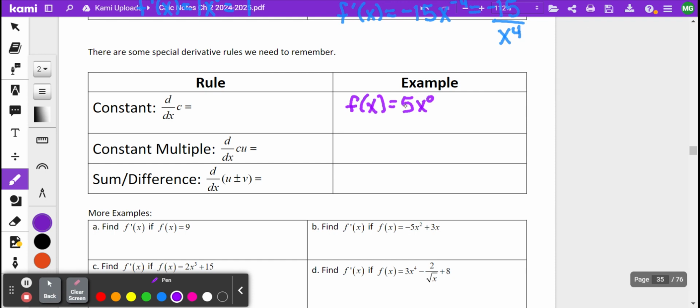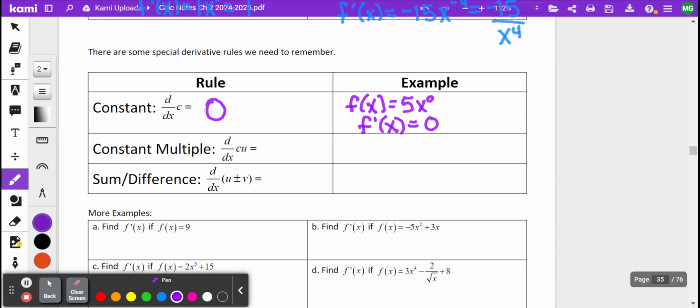So 0 times 5 is 0. And even if you put times x to the negative 1, it would still clean up to be 0. So the derivative of a constant is 0. So the derivative of any number that doesn't have a variable attached to it will be 0.